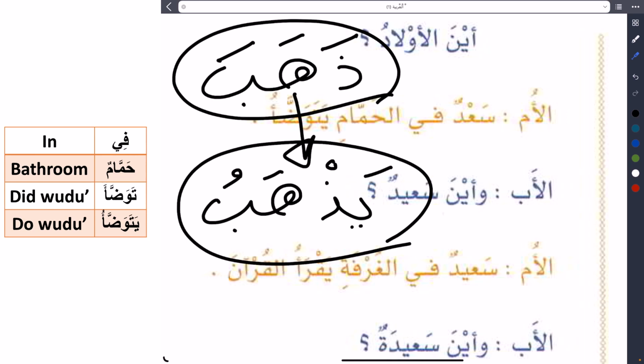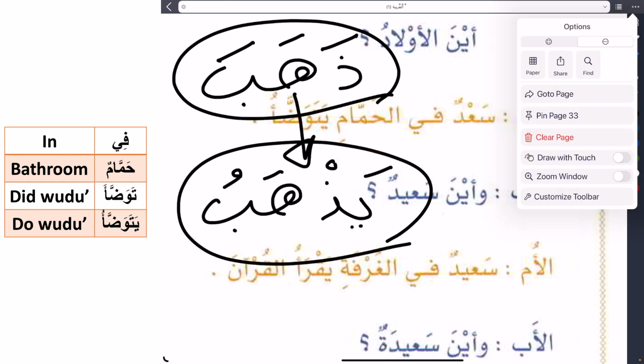Can you do the reverse? Can you form a present from the past? I think it's easy. We add ya first, followed by sukoon, and we change fatha to be dhamma at the last letter.